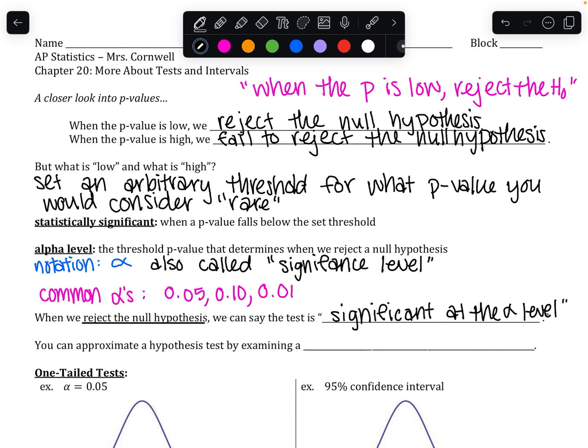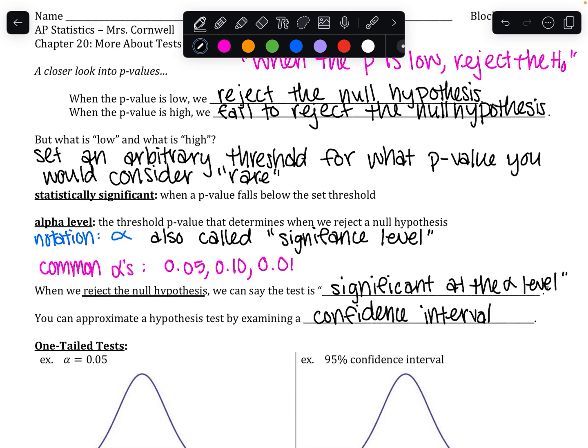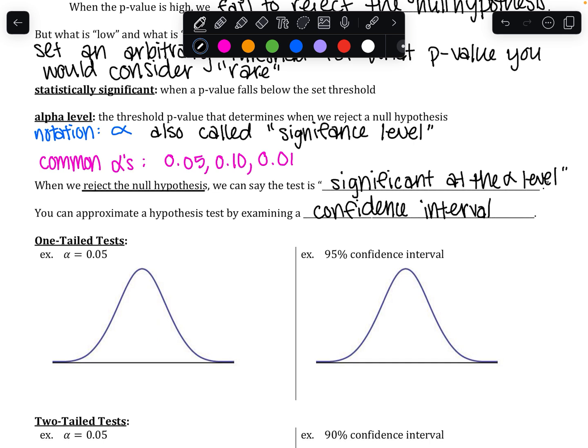Okay? You can also, which we kind of did in chapter 18, approximate doing a hypothesis test by using a confidence interval, but you need to know how they go hand in hand, and that's something we're going to talk about in a second. Okay, so if I choose an alpha level of 0.05, that would mean that if I run my hypothesis test and get to the end, I find the p-value.